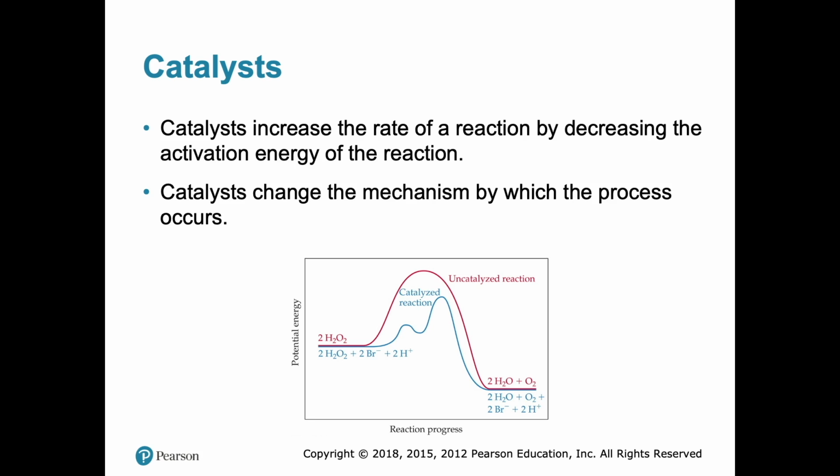So the Br minus and the protons are the catalyst, the H2O2, the hydrogen peroxide, is the reactant, and the products are water and O2, oxygen. So what I want you to be able to do from a reaction diagram like this is to look and see which are the products.